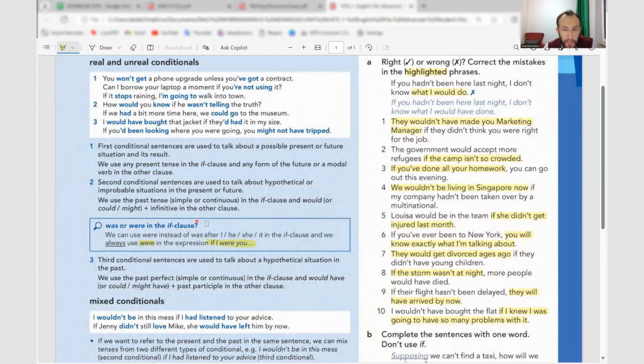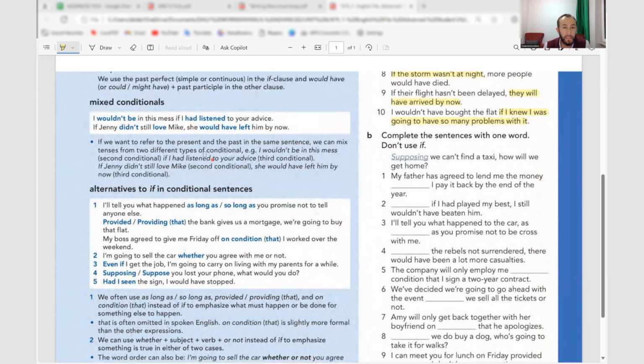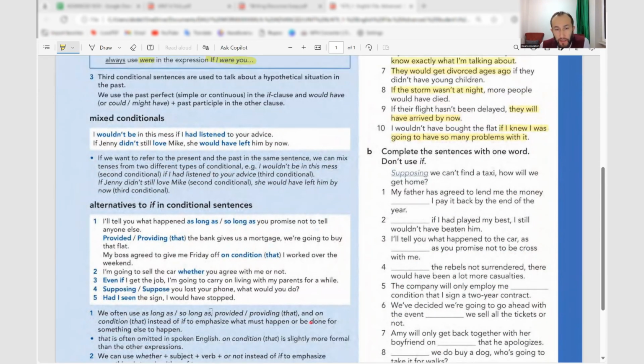See, guys? That's it. Mixed conditional. We've discussed that as well. And I mentioned earlier, mixed conditional. So if you want to refer to the present and the past in the same sentence, it could happen. A past event can have a present result.